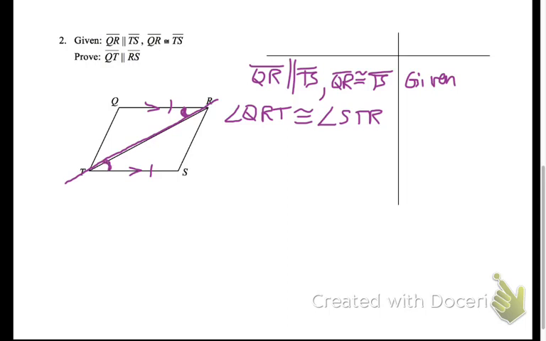Why are those two angles congruent? Because they are alternate interior angles, and we know that QR and TS are parallel. Those are given. Well, how about segment TR congruent to itself? Here's our shared side that's congruent. That's reflexive is the reason.